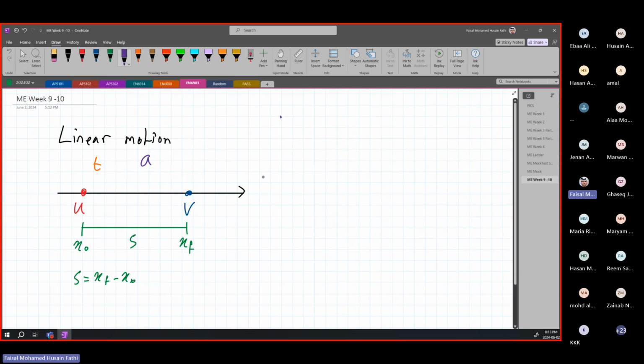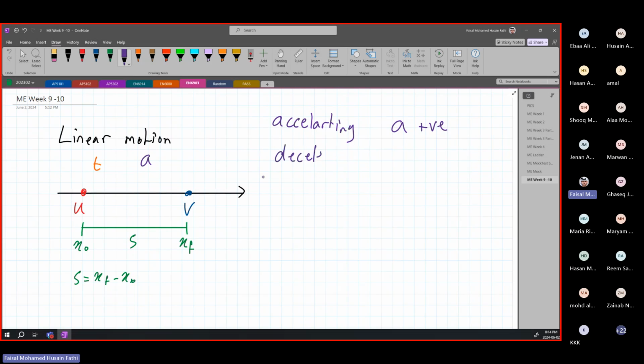For acceleration, when we're saying accelerating, it means our acceleration is positive usually, and when we're saying decelerating, it means our acceleration is negative. And if you remember your units, acceleration was in meters per second squared.